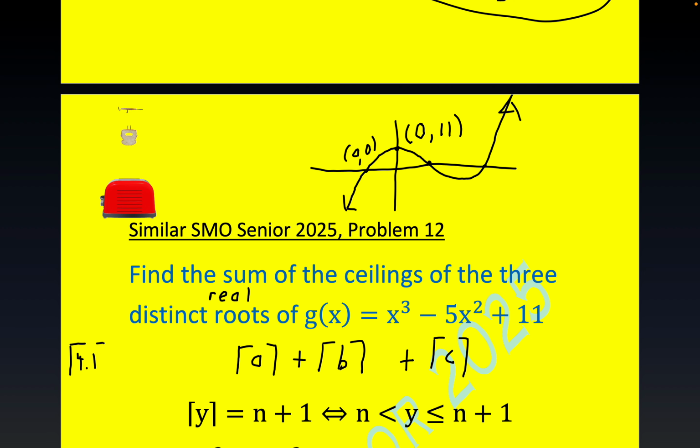Well, that would be equal to 5 based on this definition, because 4.1 is greater than 4 and less than or equal to 5. Okay, so that's an example with a positive number.